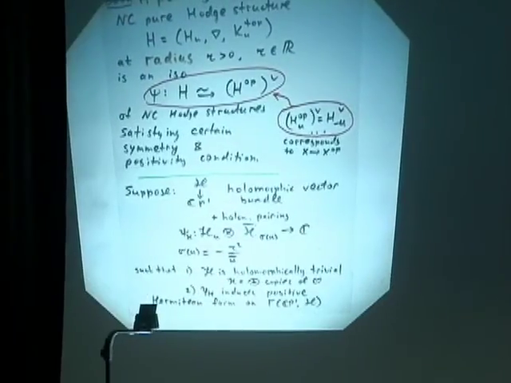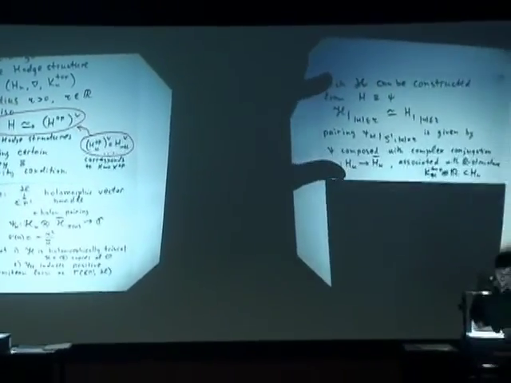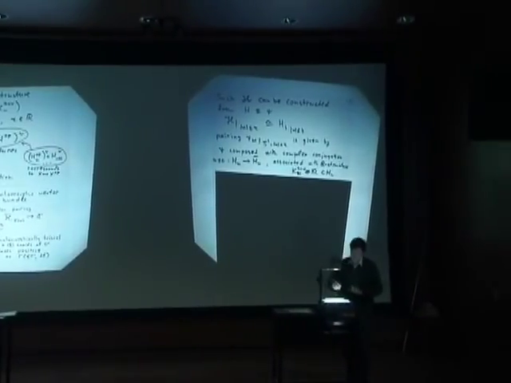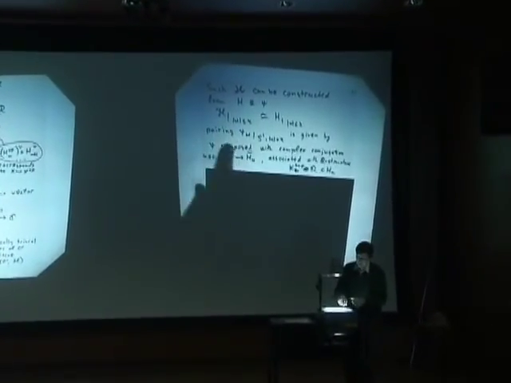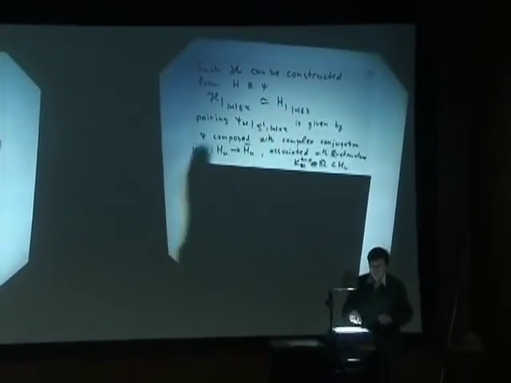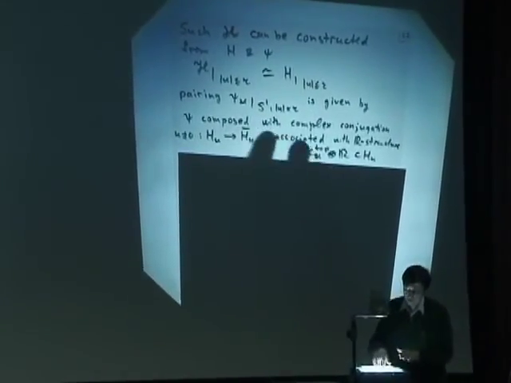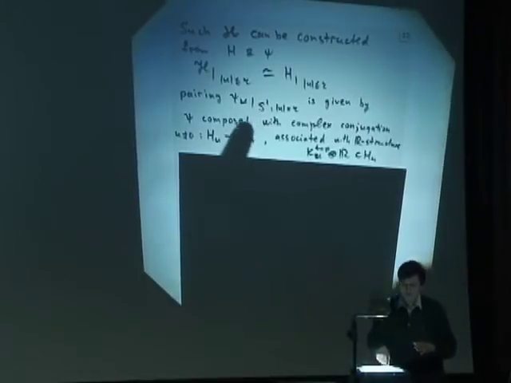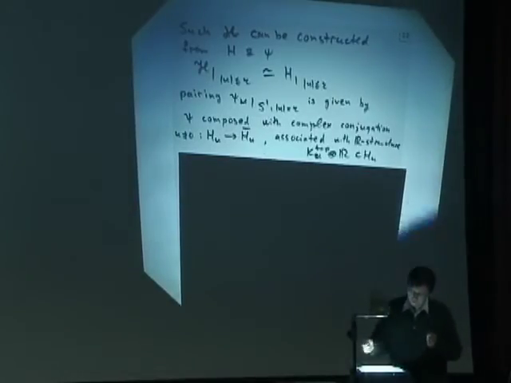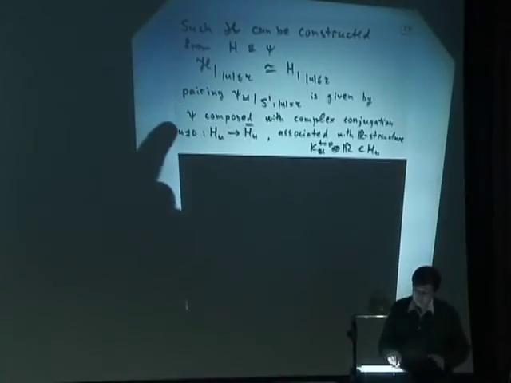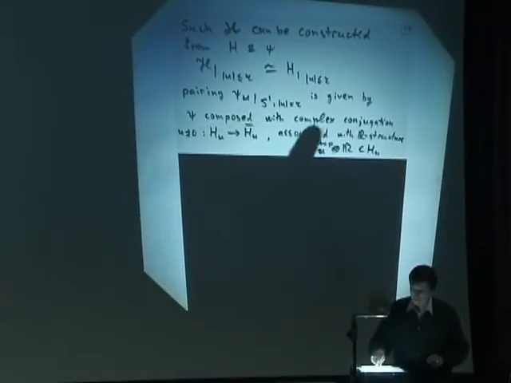And how can this bundle be constructed from this Hodge structure with polarization? In the small circle it will be the same as our bundle. And the pairing on the boundary, when the absolute value is equal to r, when the involution acts, is given by my complex linear pairing together with complex conjugation.